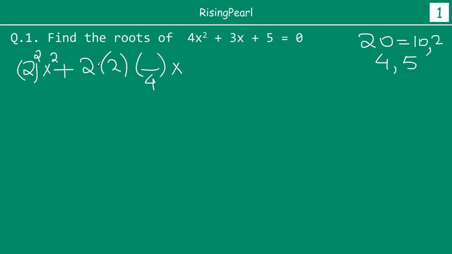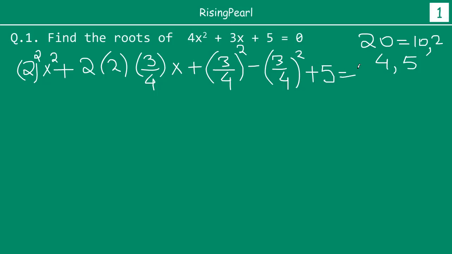So we get 1, and then we have to get 3, so we put 3 here. This is the value that we have to actually square: 3 by 4 whole square, minus 3 by 4 whole square, because we added this term. So we have to subtract this term away, plus 5 equal to 0. So this is a quadratic equation.